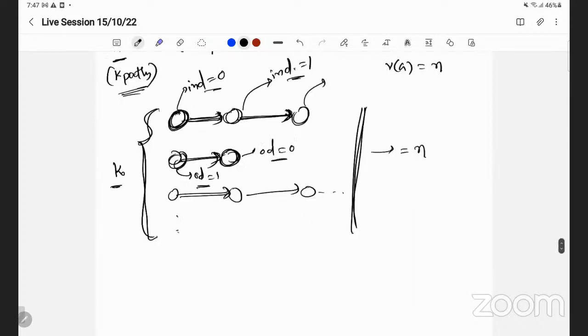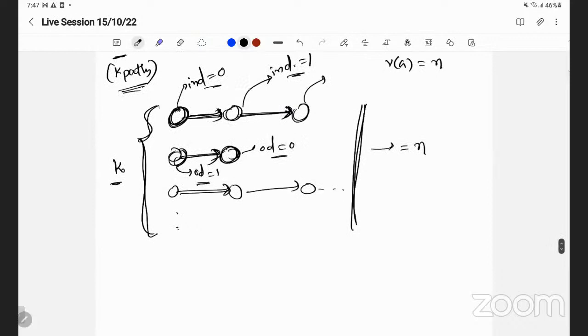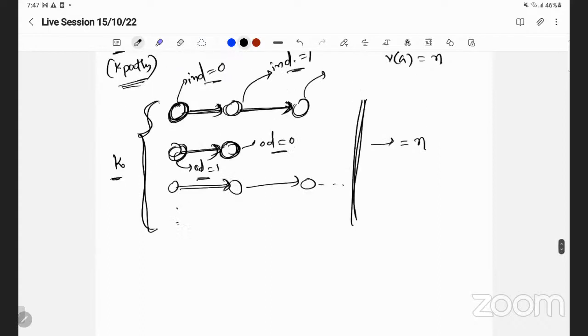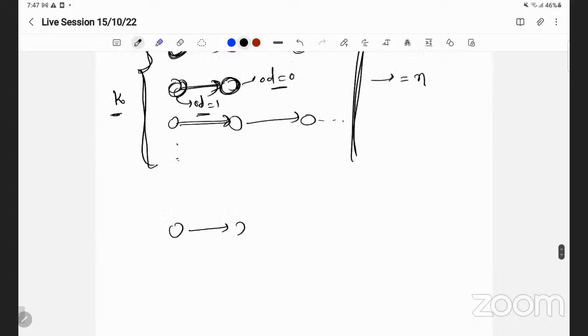Now let's take one of the paths of this path cover. Say this is a path A to B to C, right?